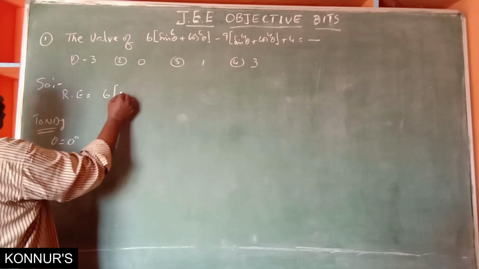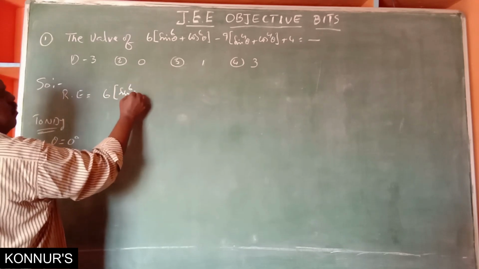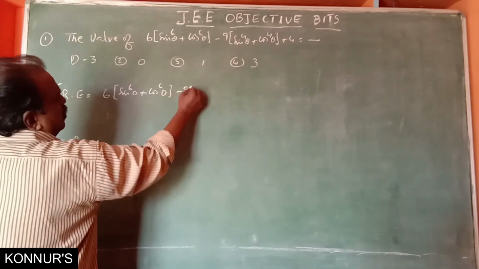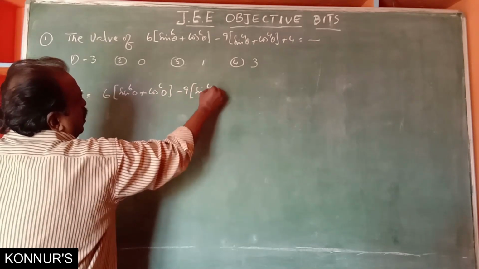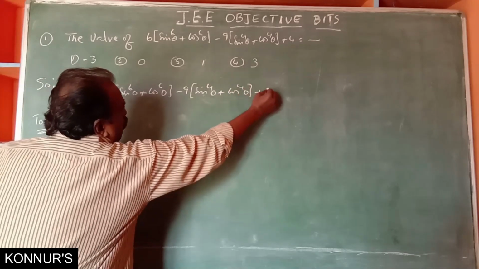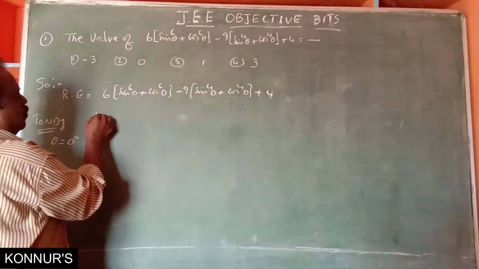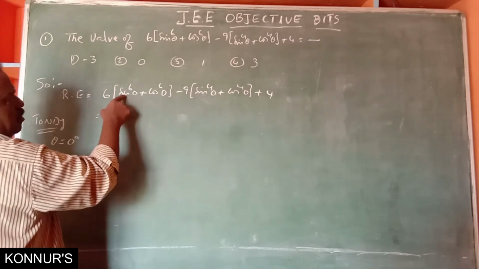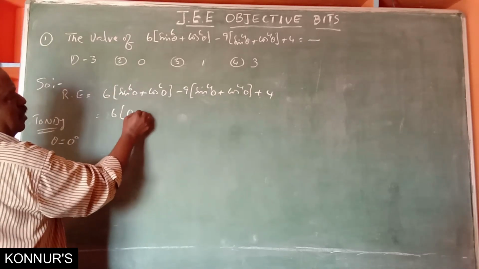6 of sin power 6 0 plus cos power 6 0 minus 9 into sin power 4 0 plus cos power 4 0 plus 4. Sin 0 power 6 is 0 only.